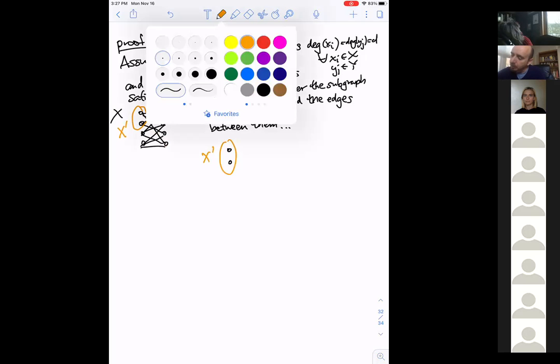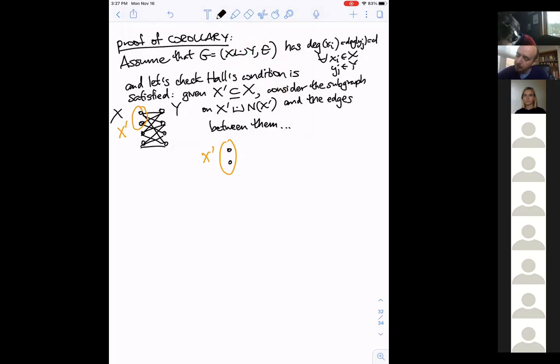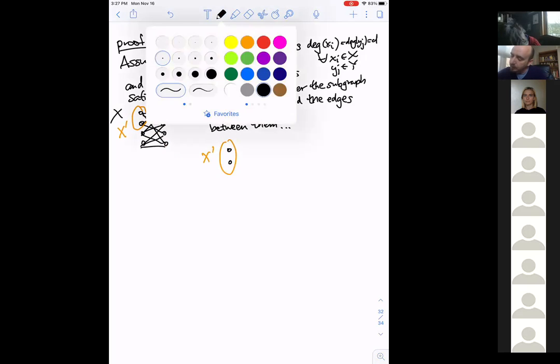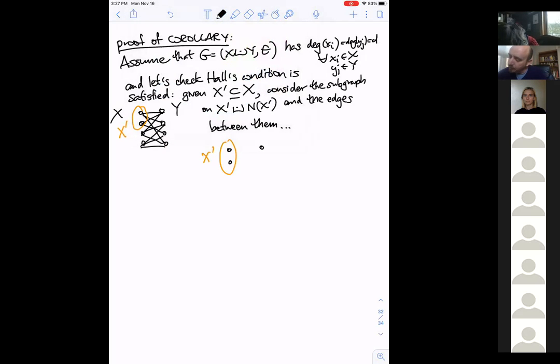So I think we've got the first one, the third one, and the fourth one on the Y side as our N of X prime. And the edges between them that we had were this one going straight across, this one all the way down, and who else?